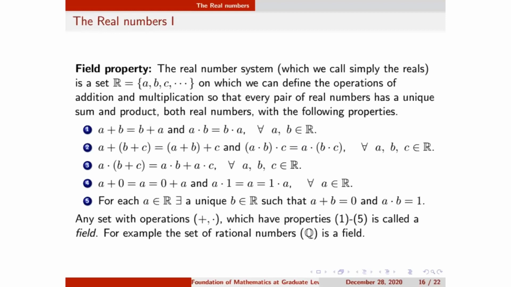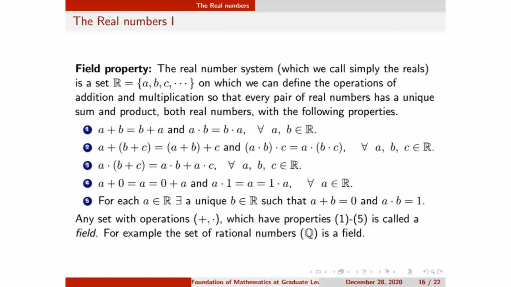So for each real number, I'll get a unique b. This b is called the additive inverse of a. Similarly, in the case of multiplication, for each a, I'll get a unique b such that the product of a and b will be 1.